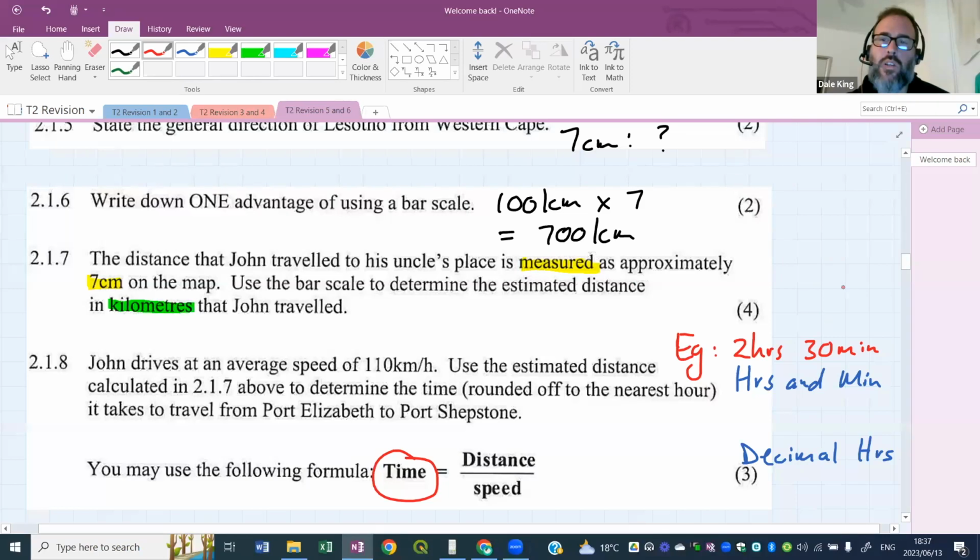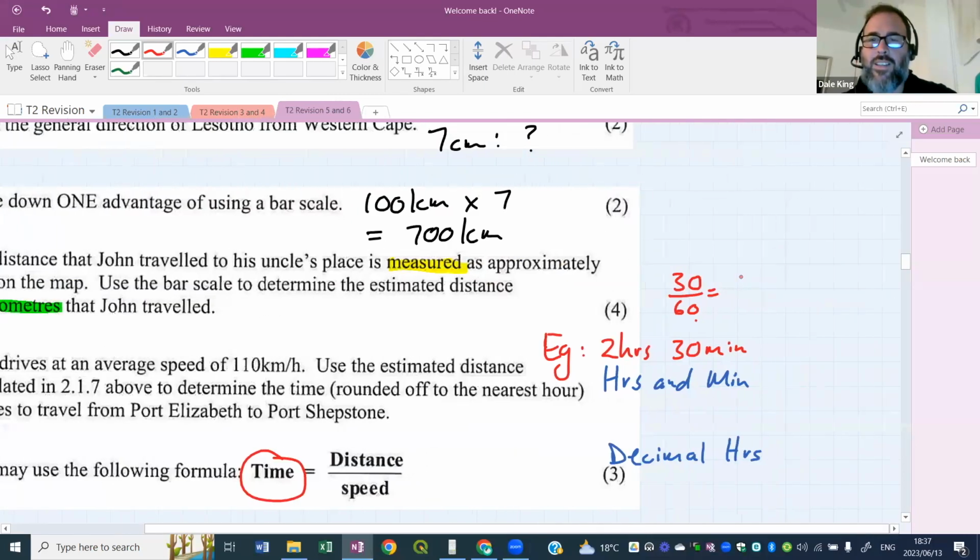So take that part there, the 30, and divide it by 60. And Bianca, you know what we'll get? You get the calculator to do that work for you. That's what it's there for. It must work for you. It is 0.5 hours. All right, so 30 minutes is 0.5 hours.